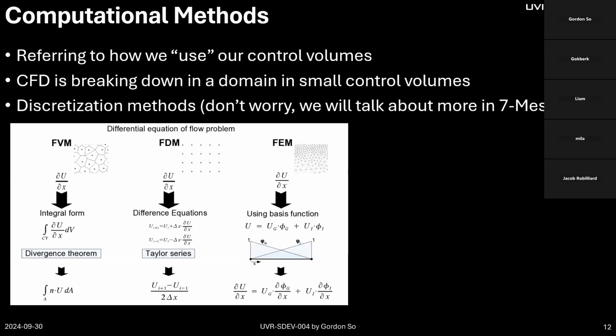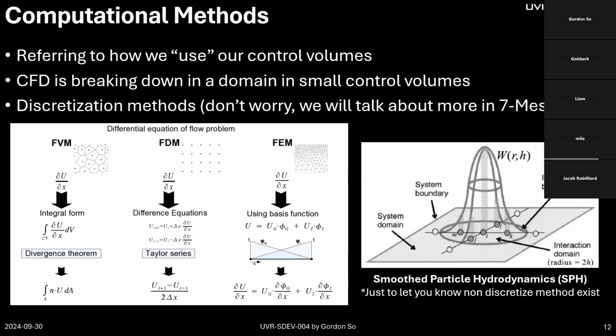These are the three most used methods for CFD: finite volume method, finite difference method, and finite element method. FEA is basically using FEM for that one, and then FVM is what most CFD software use. FVM is more like your basic heat transfer technique, where you would use node-to-node calculation.